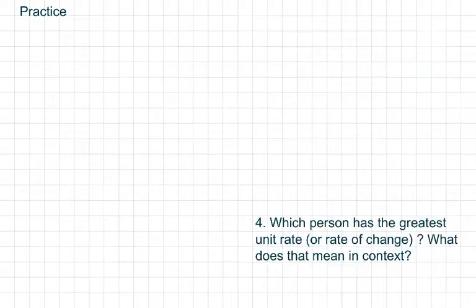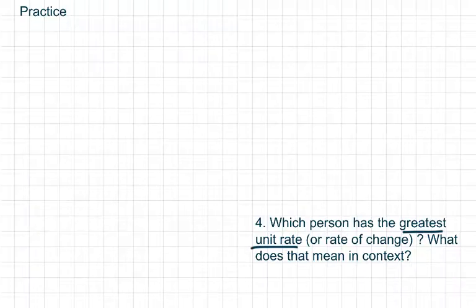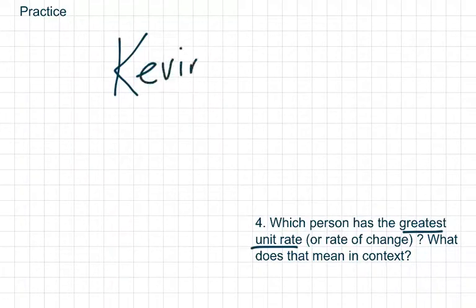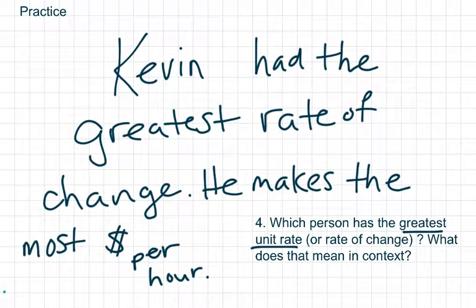The last question then, which person has the greatest unit rate or greatest rate of change, and what does that mean in context? So we know Kyle had 50, Kevin had 72, and Angela had 25 and 25 cents, which means Kevin had the greatest rate of change, which means that he makes the most money per hour.